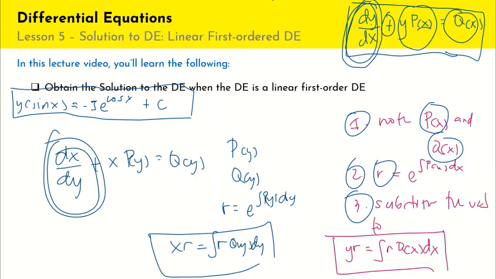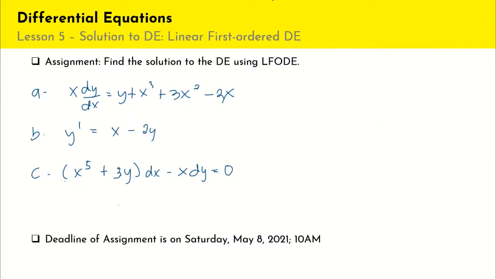Okay, so ano ang inyong assignment sa akin? So, may assignment kayo. Alright, so assignment nyo, okay? You have 3 DE na hanapin yung solution. So, you have letter A, B, and C. Letter A: x dy over dx is equals to y plus x cubed plus 3x squared minus 2x.